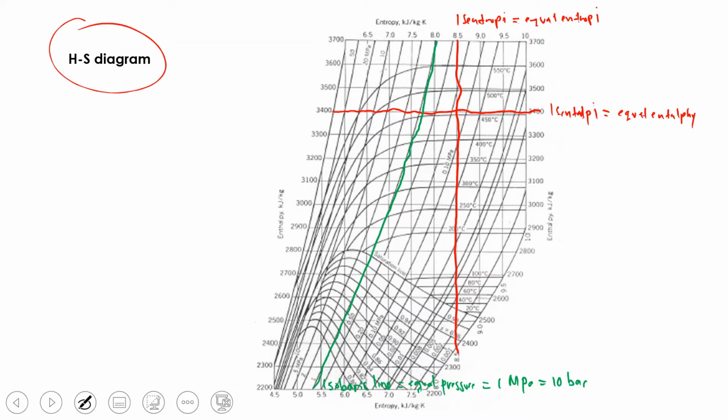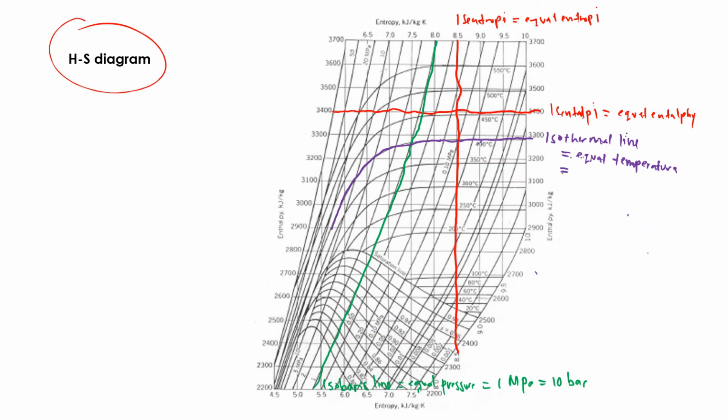The isothermal line is the one that is bent. For example, at 400 degrees Celsius, this is the line for the isothermal line, and in this case it means equal temperature, and the temperature is 400 degrees Celsius.